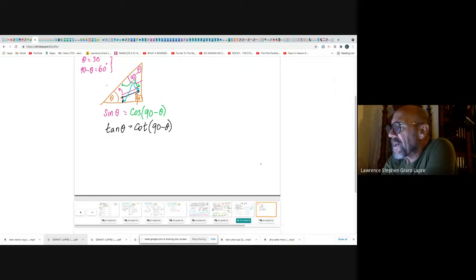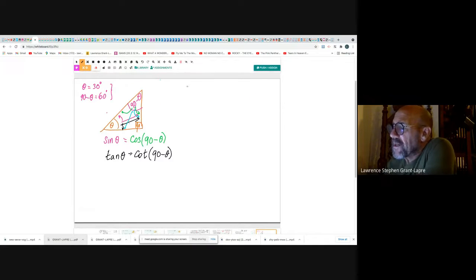First of all, if theta is acute, quadrant 1, or if theta is in quadrant 3, such as 200 degrees, then that's also positive.